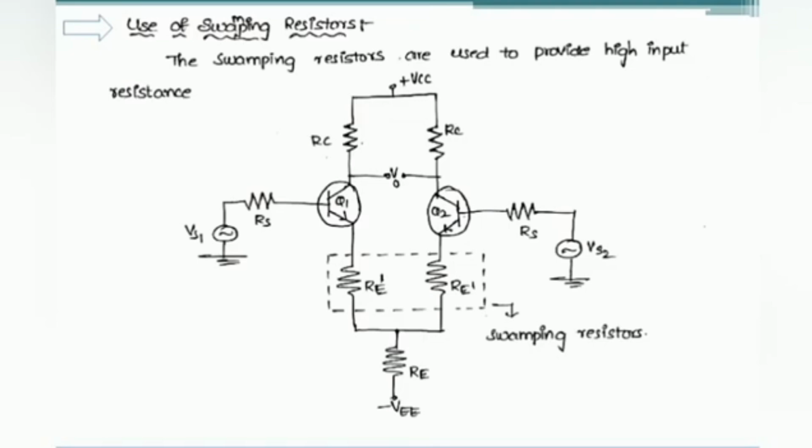So out of these four methods, the second method, that is the current repeater circuit or current mirror circuit, is widely used in most practical applications because of having fewer components, and also it will provide a high increase in the resistance Re, which will decrease the common mode gain and further increase the CMRR value, which will provide better performance.